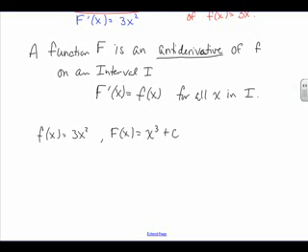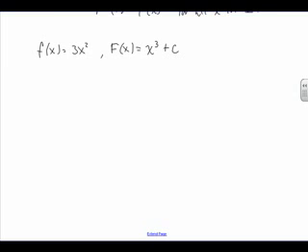Now, at this point, it's a good idea for us to talk about some vocabulary. Just like when we started working with derivatives, differentiation was the process of taking a derivative, we now have anti-differentiation, which is just the opposite of differentiation.